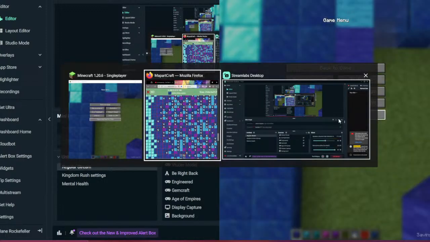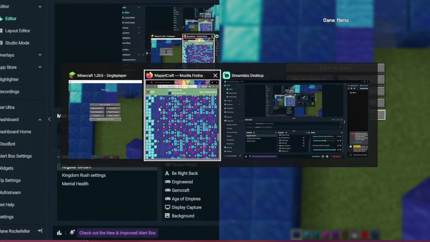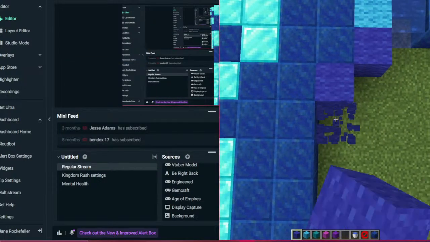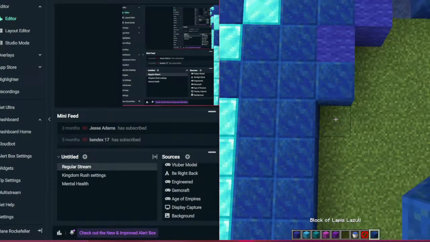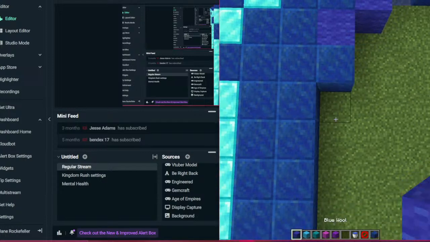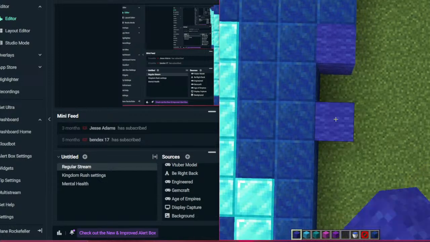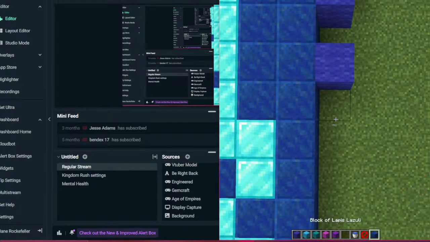And then it is lapis, wool, lapis, wool, lapis. So 3 lapis. Oops, 3 lapis. 2 wools. Lapis, wool, lapis, wool, lapis.